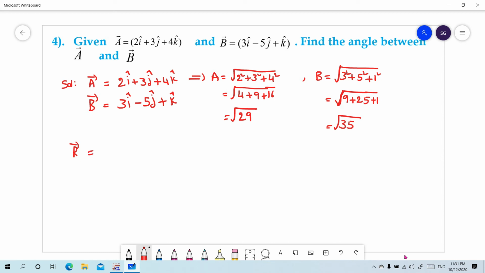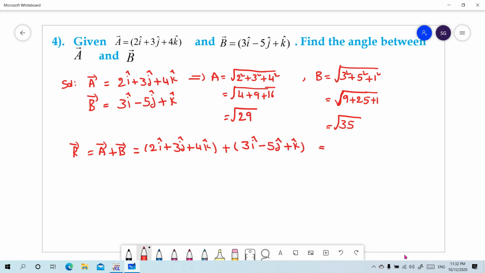So the resultant vector r bar is equal to a bar plus b bar. The addition of the vectors is called the resultant vector. R bar is equal to a bar plus b bar. So a bar means 2i cap plus 3j cap plus 4k cap, plus b bar, which is 3i cap minus 5j cap plus k cap.